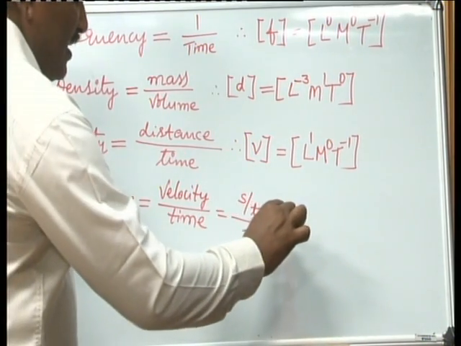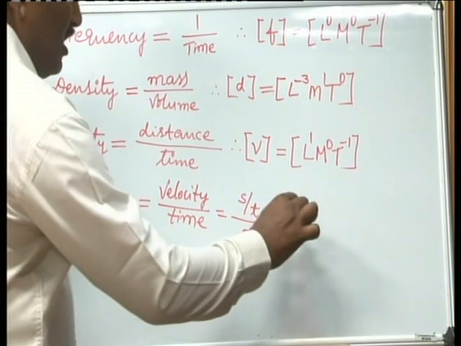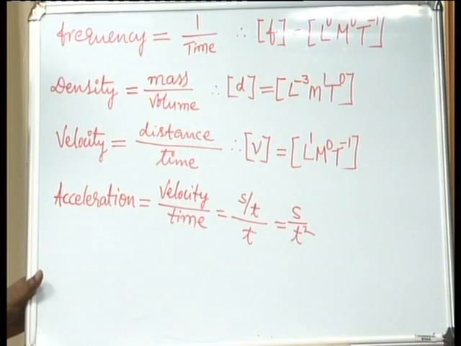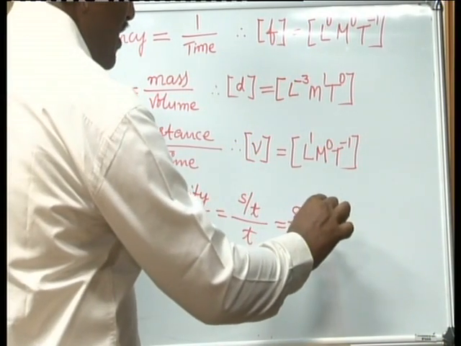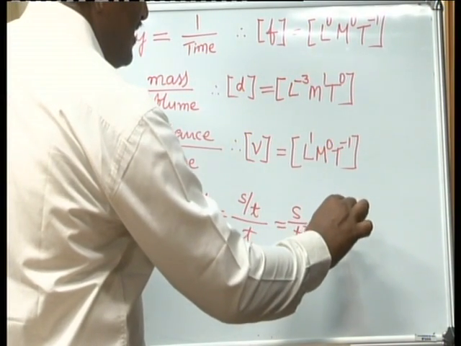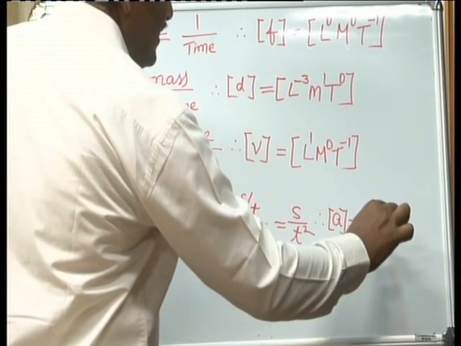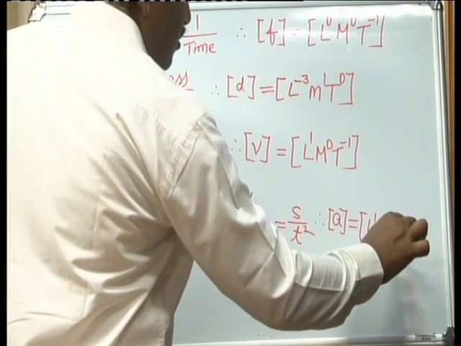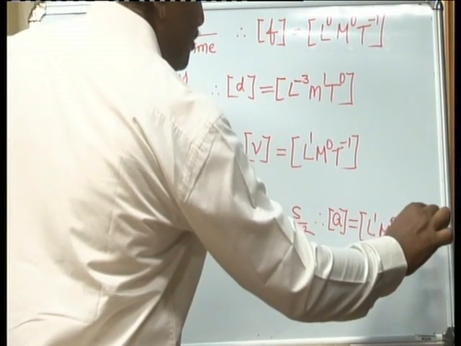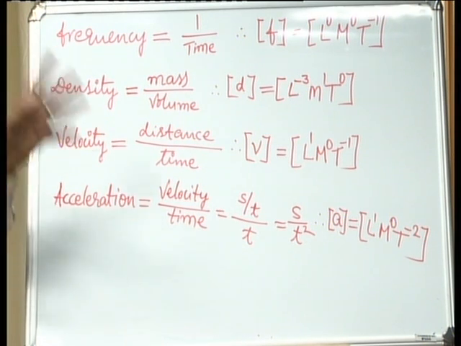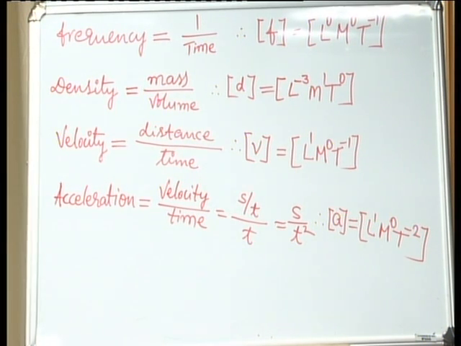So, when it comes to the denominator, t into t becomes t square. Therefore, in the dimensional equation of acceleration, s is length, 1 in length, mass is not used. T comes to the numerator, it becomes minus 2. Therefore, dimensions of acceleration are 1 in length, 0 in mass and minus 2 in time.